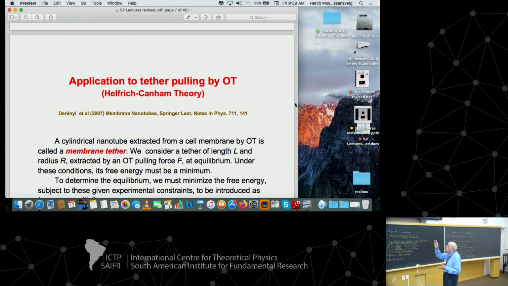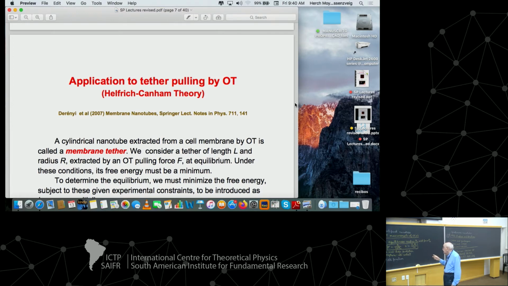Now, a theory which I'll develop now, called Helfrich-Canham theory, gives both the surface tension of the membrane and its bending modulus, kappa, directly from the values of R0 and F0 by these two formulas.